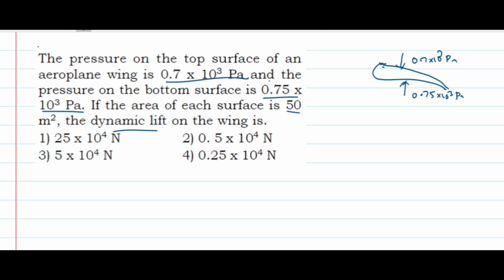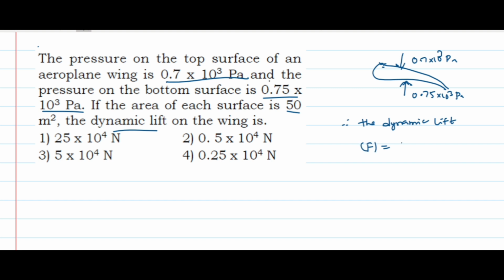Here you will be getting the highest pressure at the bottom and the lowest pressure at the top, and due to the pressure difference the aeroplane wing will be lifted. Therefore F equal to, the dynamic lift or aerodynamic lift they are asking, which is nothing but force.